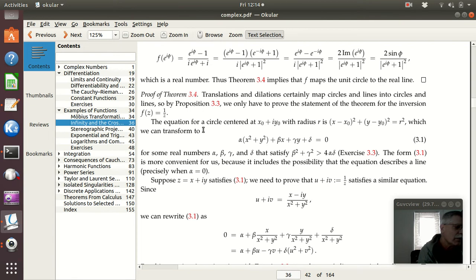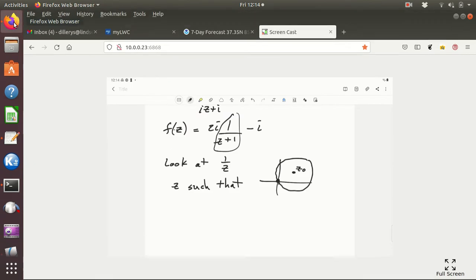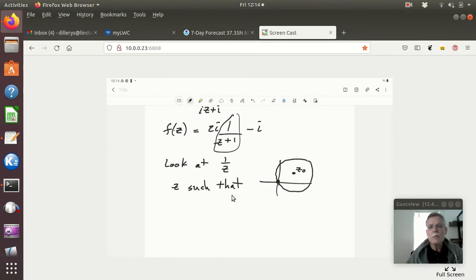So the circle might look something like this, where that's our z0, and then it goes through the origin like that. Whoops, I need to show you that picture, I guess. So come back here. So we want z that is on this circle here, and so we see the radius is just the magnitude of z0.